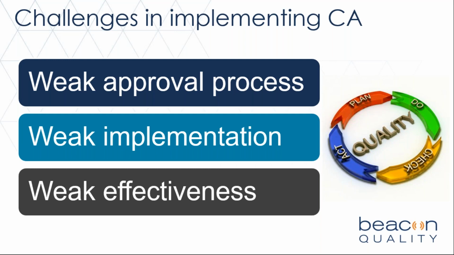So you also have what I call weak effectiveness. Weak effectiveness means that whenever you put in an implementation, you have to see the effect of it. For example, if you have a part which I call a red rabbit, to see whether the machine will catch it, if you have an error proofing device, or a poka-yoke in place, or if you have your people trained, if you put a wrong part number, it's very important to check the effectiveness, whether your corrective action is working.